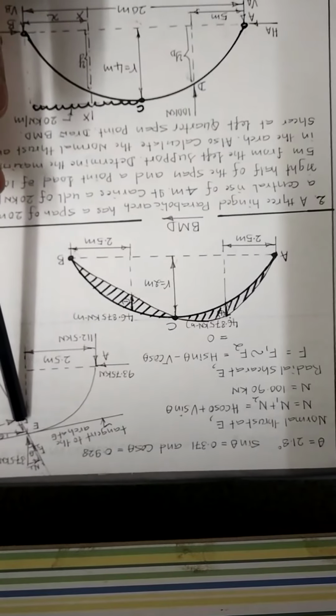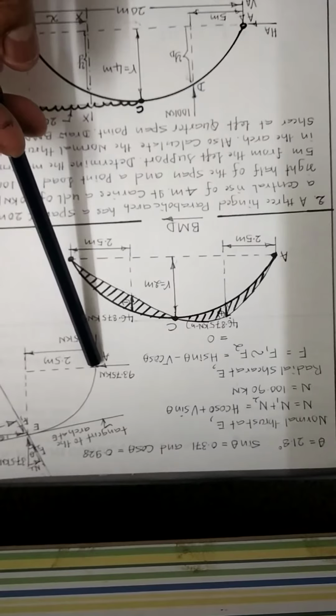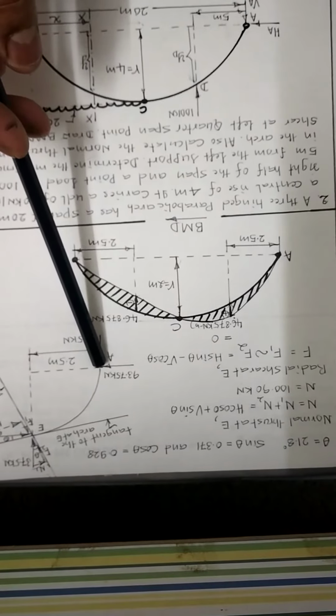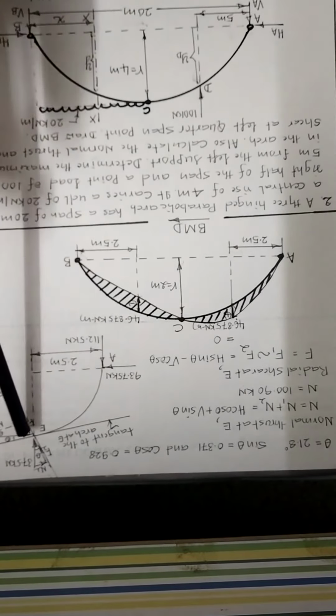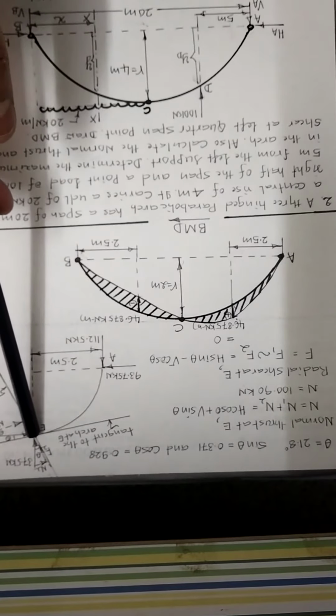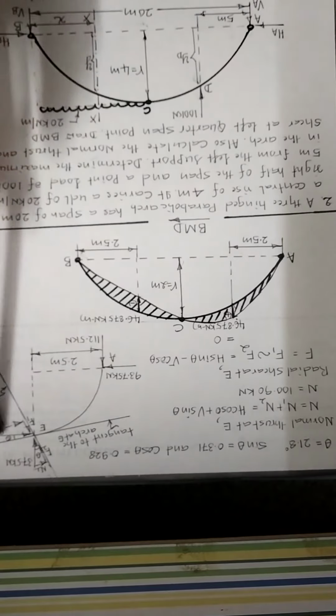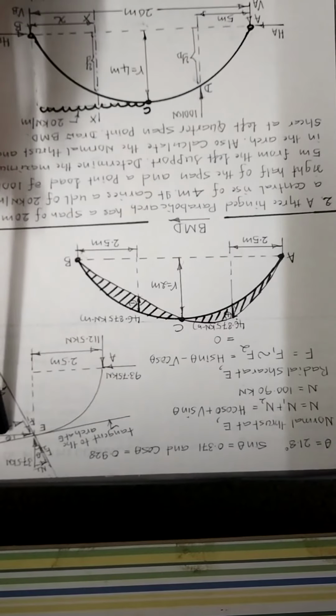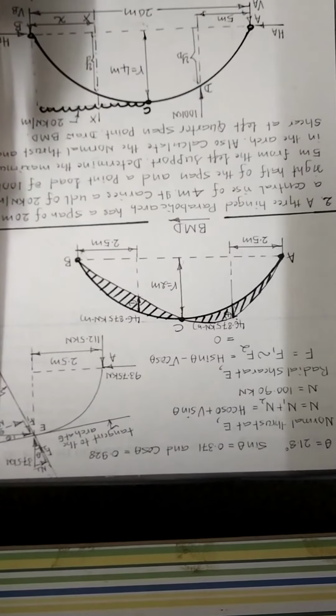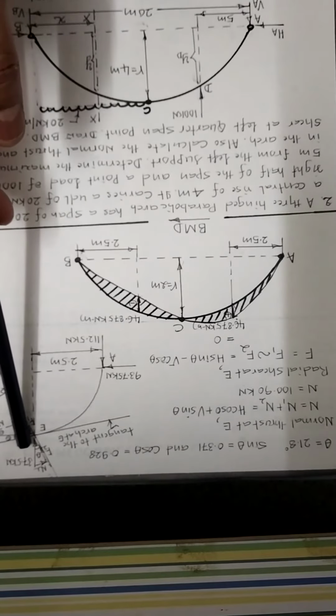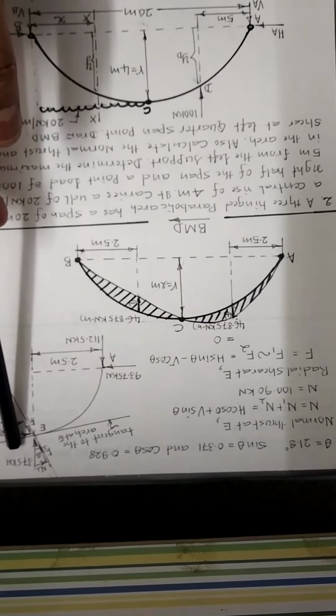Now, as I said, consider the equilibrium of the portion AE. See this figure. Mark the values of vertical and horizontal component at the point A. Similarly, draw tangent to the arch at the point E. That tangent will make an angle theta with the horizontal. Introduce horizontal force at this point, magnitude is 93.75 kilonewton, and introduce vertical force at this point, 37.5 kilonewton.